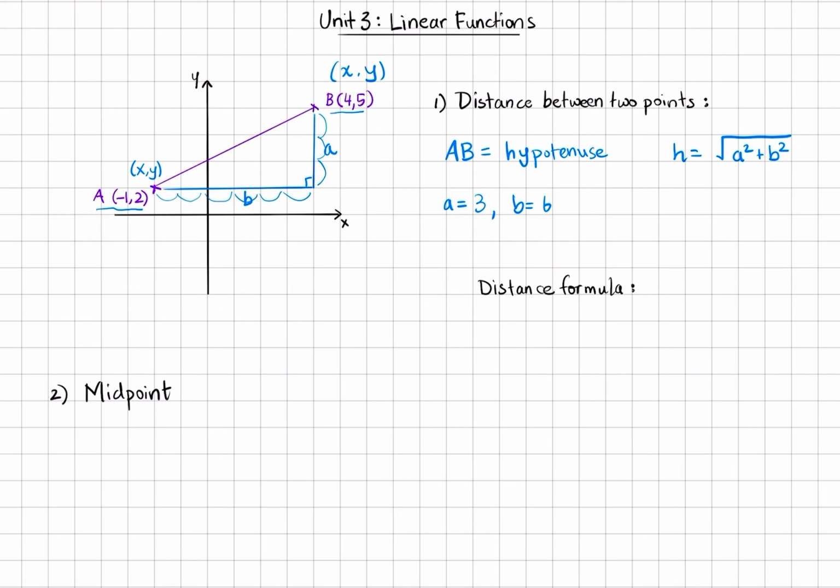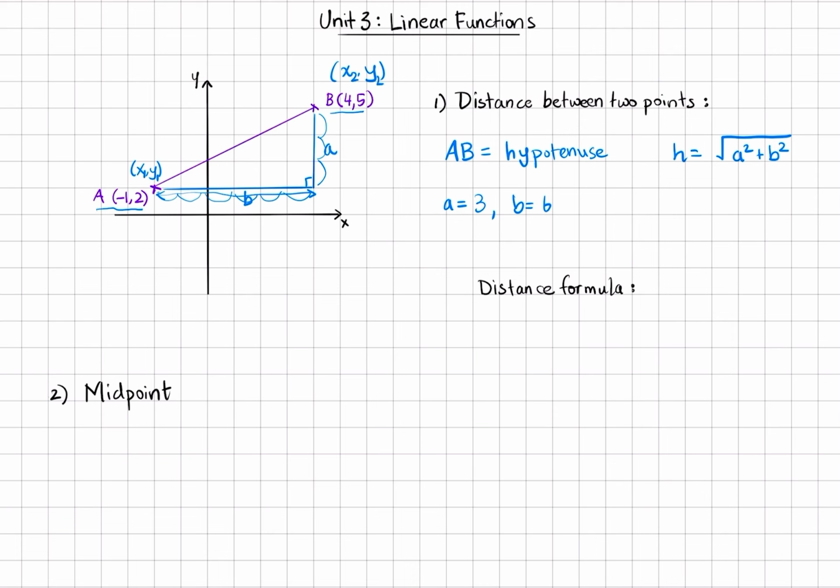So if we think of the X values, they're going to be related to this horizontal distance here. Okay, so let's call the A coordinates x1, y1 so that we don't get confused, and we'll call the B coordinates x2, y2.